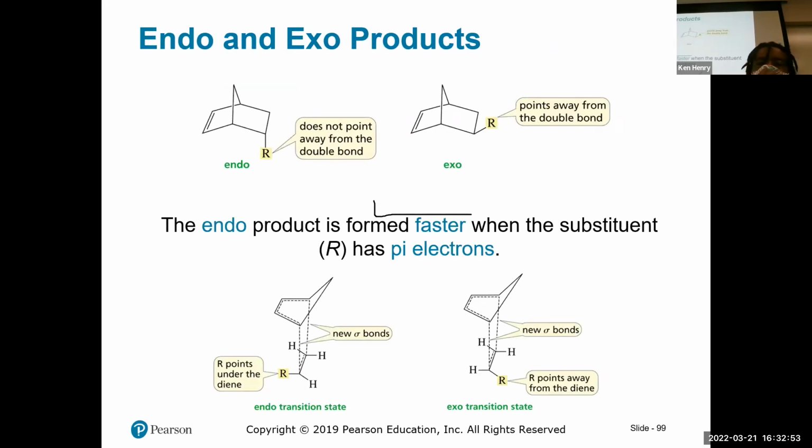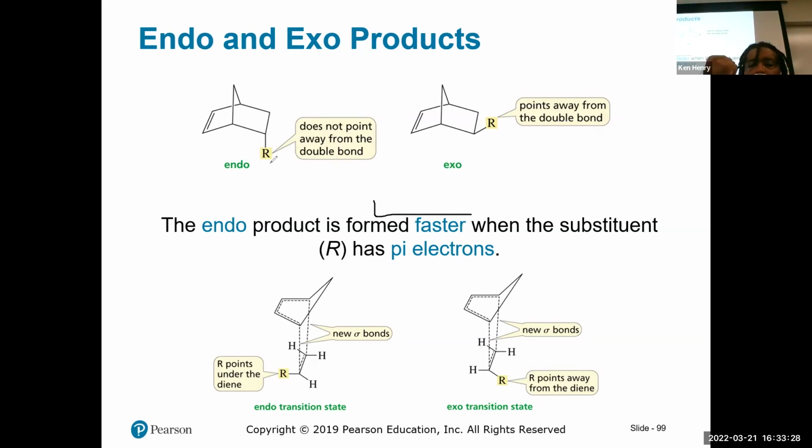Okay, so the next thing that we have to be concerned with is endo and exo. If we look at the hydrocarbon here, if it's pointing away from the double bond, then it is exo.